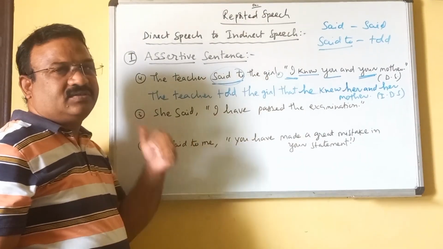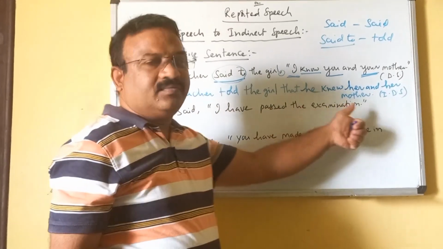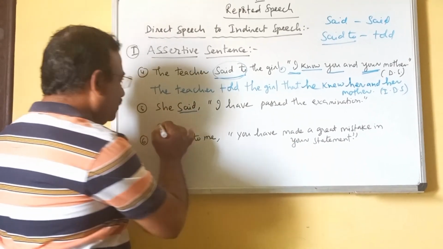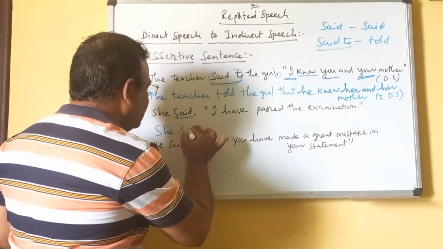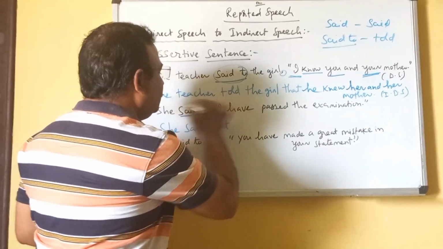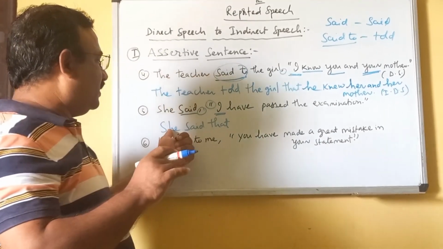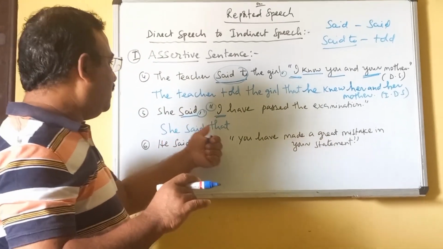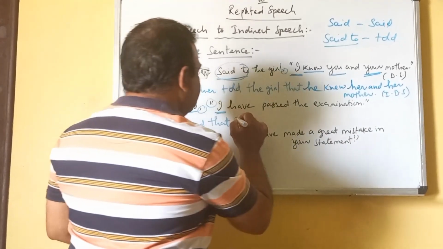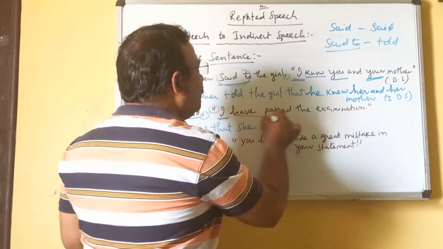Let us see one more example. She said, I have passed the examination. Here only said, so you can write she said that. Remove the commas. I, who is the reporter? She. So she said that she has passed the examination.